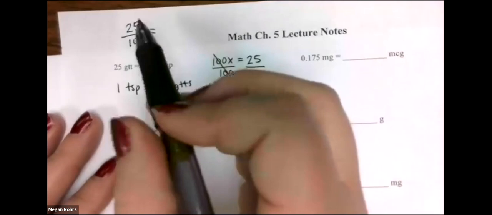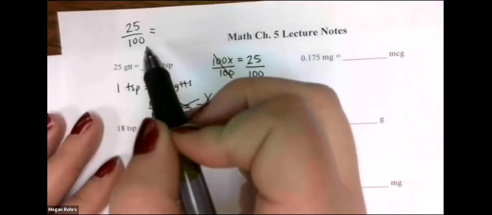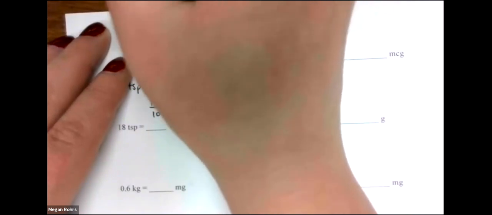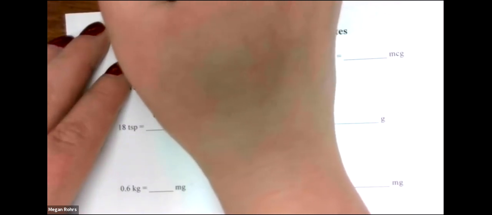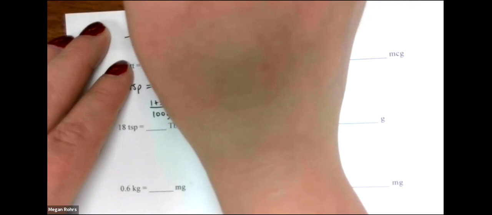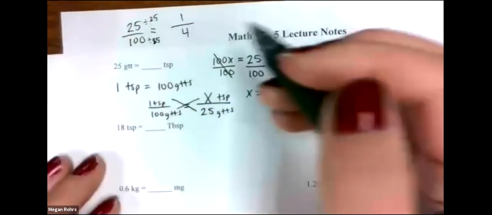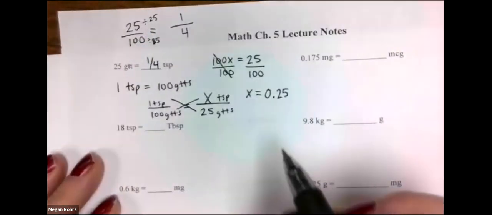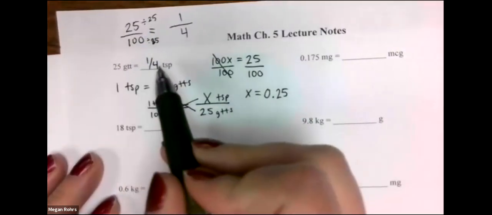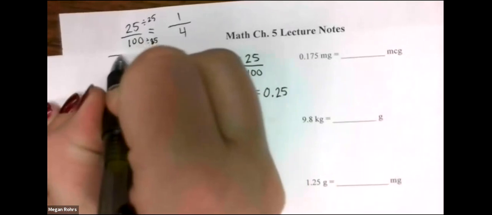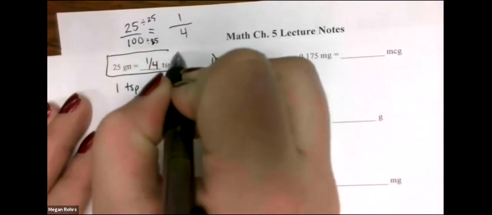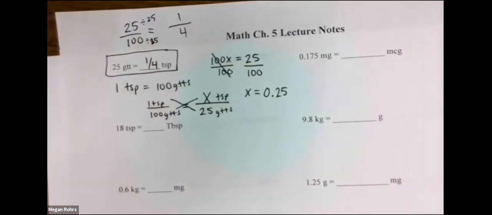I can reduce that down by dividing each of these by 25. So divide by 25 here, divide by 25 here, and I'm left with 1/4. So 0.25 is equal to 1/4. So my answer is 1/4 teaspoon.